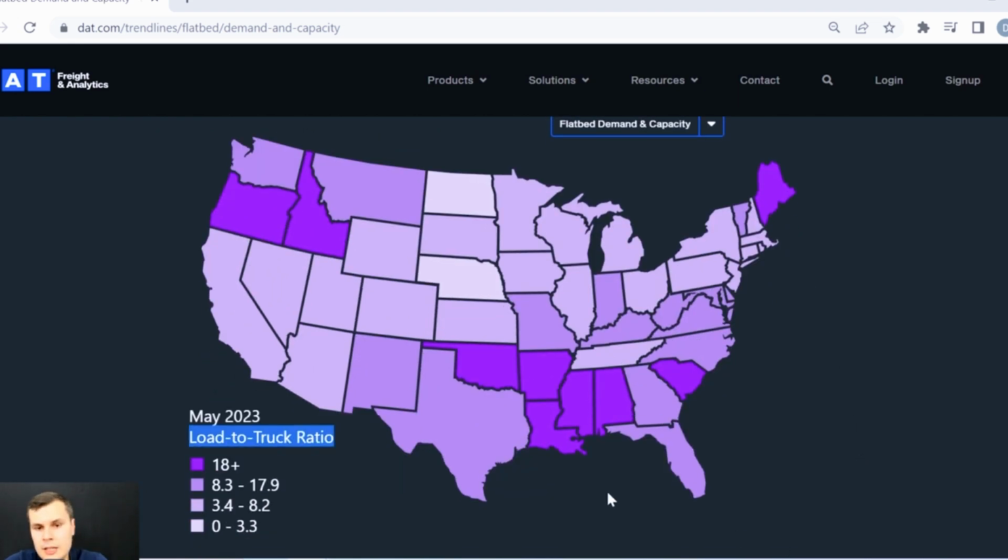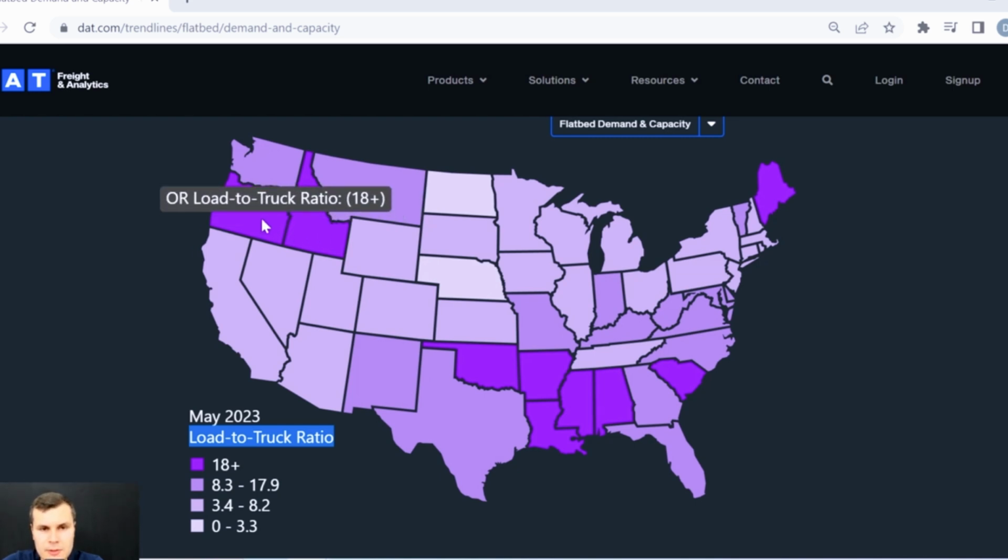So we can see the darkest colors on this map are here in the southeast: Louisiana, Mississippi, Alabama, Arkansas, Oklahoma. All of these states will pay a rate above market average coming out of this state. Also South Carolina and a few other states in the north, Idaho, Oregon.